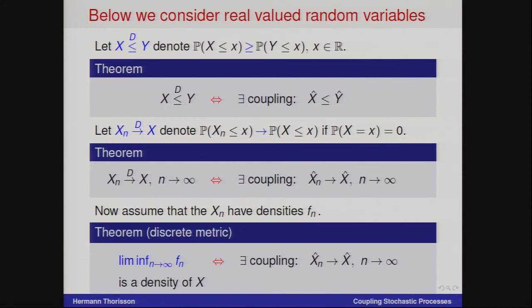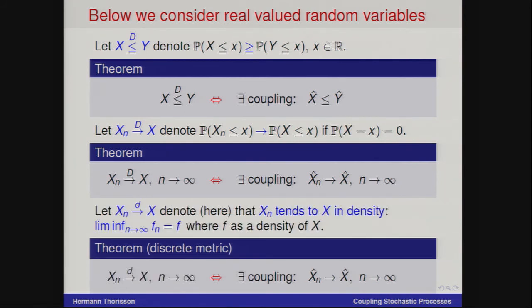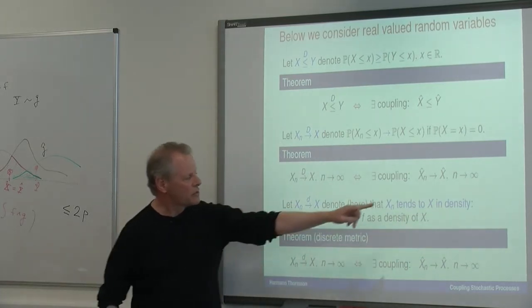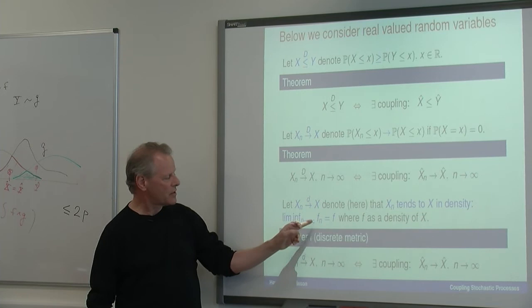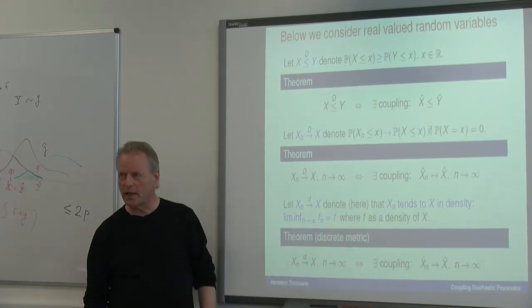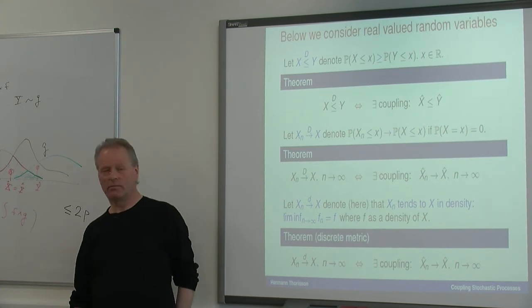And now I will introduce a symbol for this, which you already have seen in this talk. It's not accepted. So let this denote here that xn tends to x in density. I call this convergence in density, namely that this is a density of x. That's convergence in density.